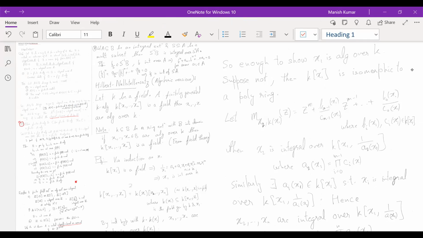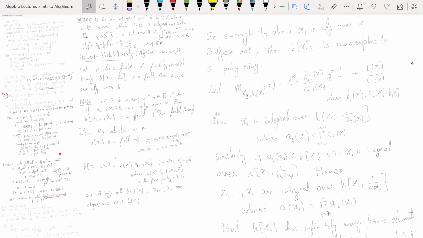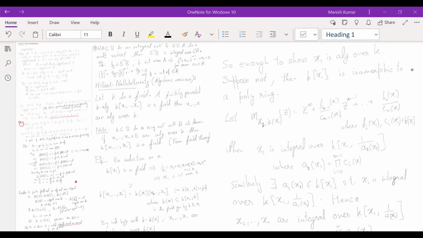There are some other tricky proofs. Maybe next time we'll see more versions of Hilbert Nullstellensatz. If you have any questions or comments, this is the right time to make them.